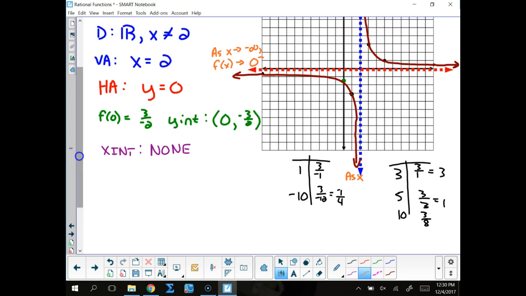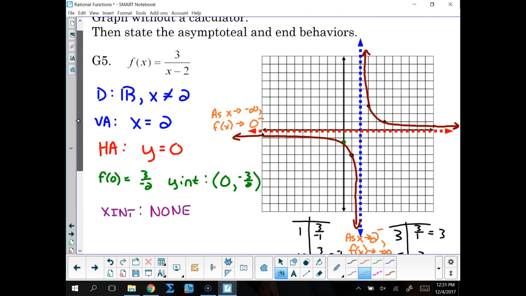As x approaches 2 from the left, my function is going to negative infinity. We'll go over here as x goes to infinity, f of x is 0 from above.